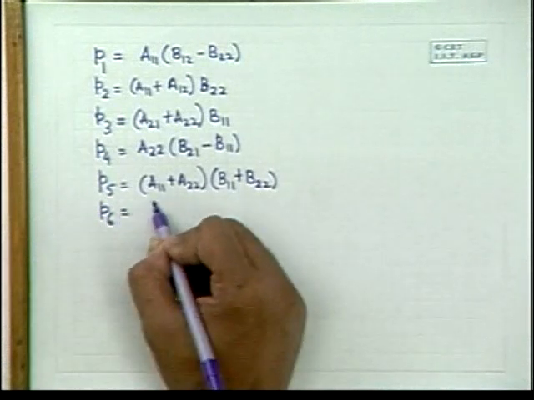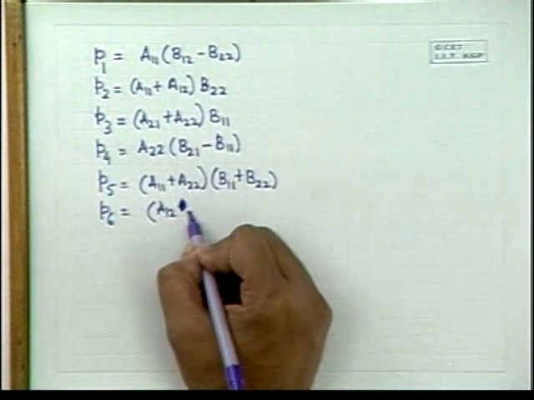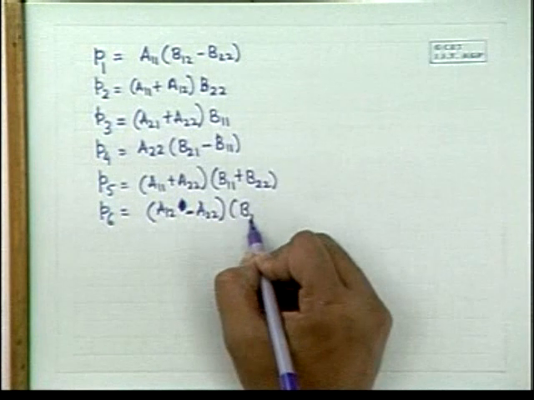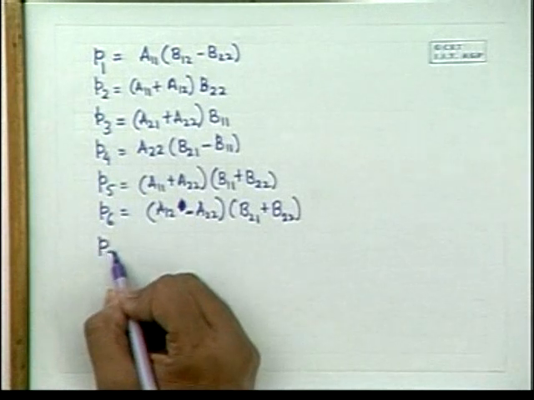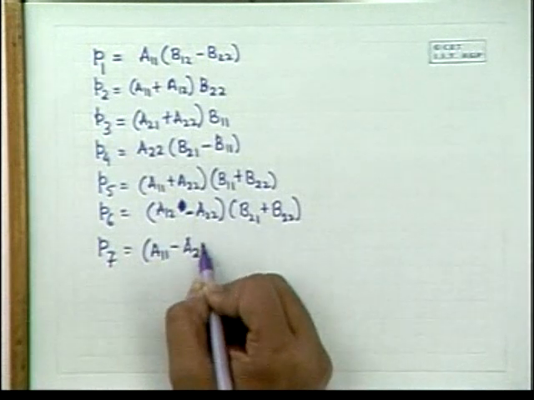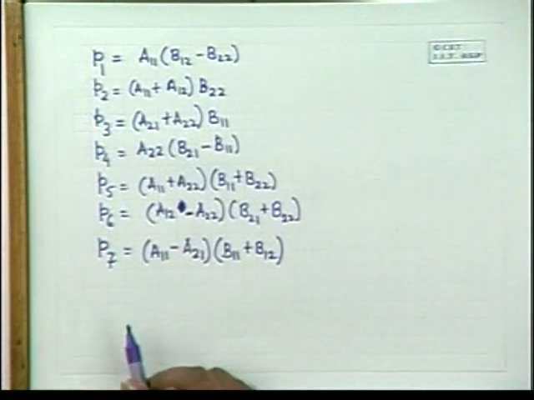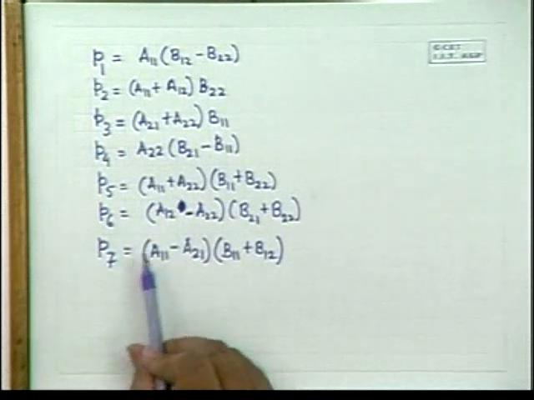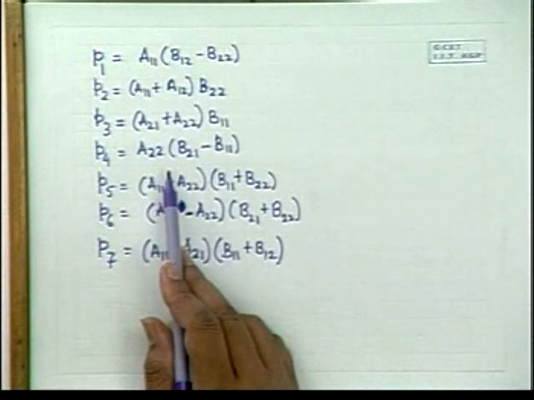P6 is (A12, sorry, this is not plus, minus A22) times (B21 plus B22). P7 is (A11 minus A21) times (B11 plus B12). So I have just defined 7 quantities. They are defined over matrix multiplication and additions, but each matrix is of dimension n by 2 by n by 2.